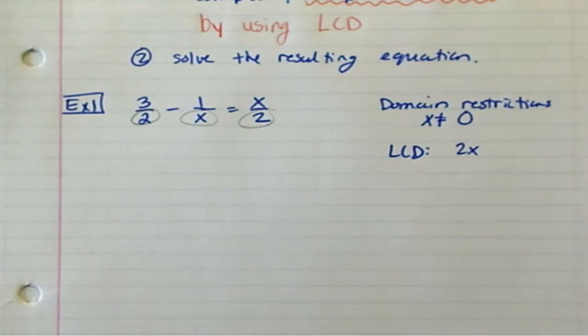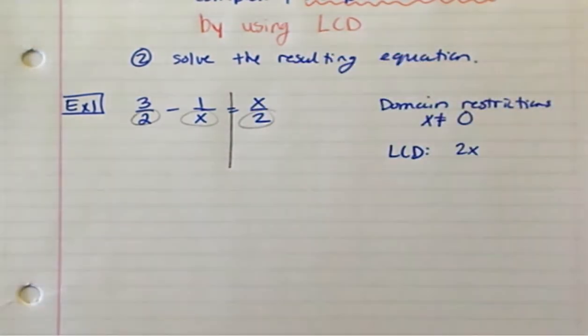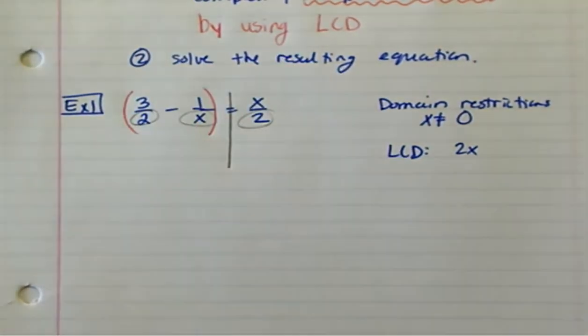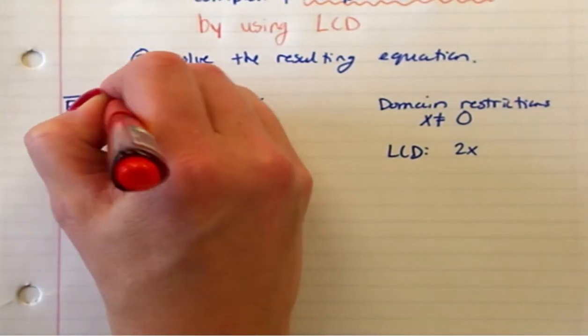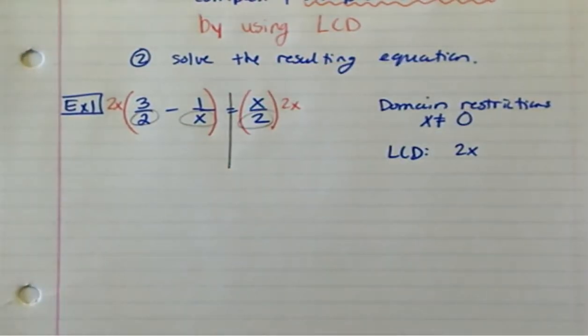I have an equals, which means in order to stay equivalent, whatever I do to the left side, I have to do to the right side. So I'm going to multiply. Look at my grouping symbols. You have to multiply the left by 2x and the right by 2x. Notice that's equivalent because I'm doing the same thing on the left as the right.